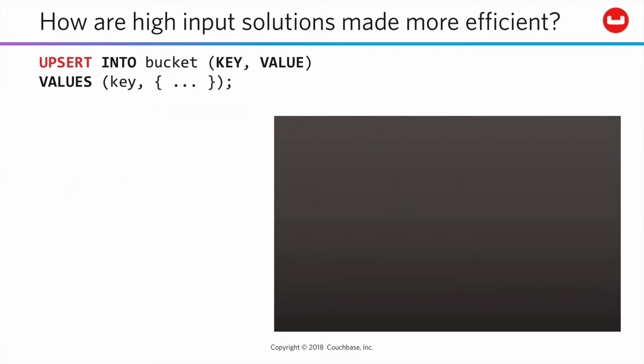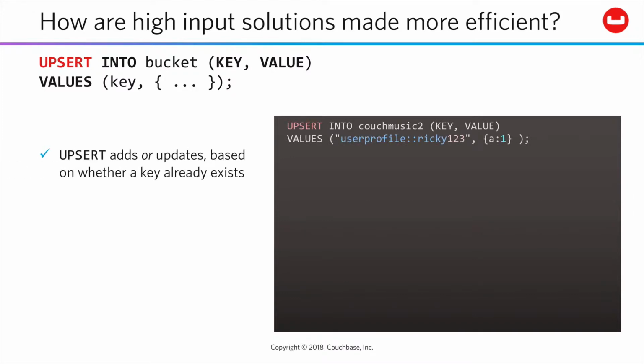In high-speed ingestion scenarios, it's not always efficient to check whether a key exists before deciding whether to create or update a record. Under the hood, Couchbase is memory first and append only on disk writes. So the question of whether a key exists is easily automated into the upsert operation, unless you explicitly want to receive duplicate key errors for their logical value.